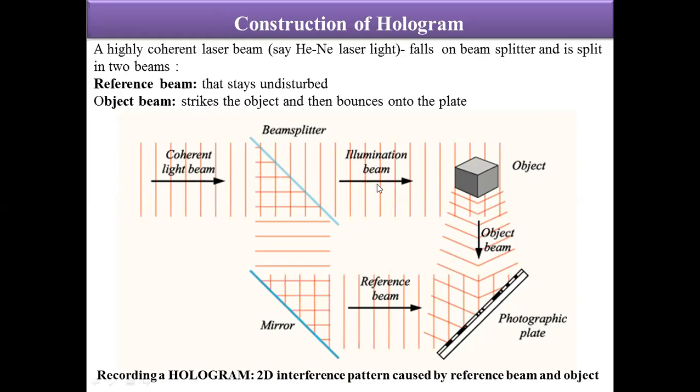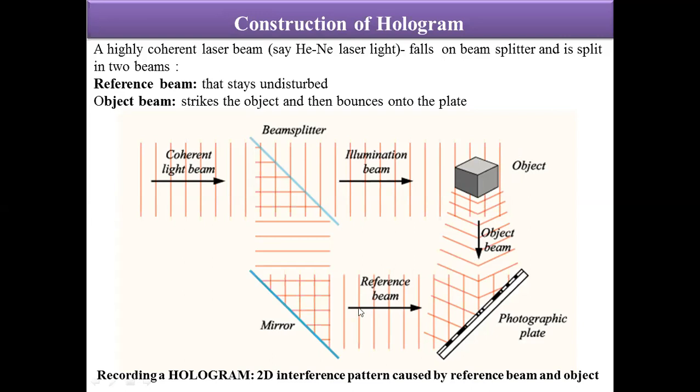One is the object part, and another one is the reference part. The beam, after splitting, strikes this mirror and then follows this path, and from here it strikes the object and follows this path.